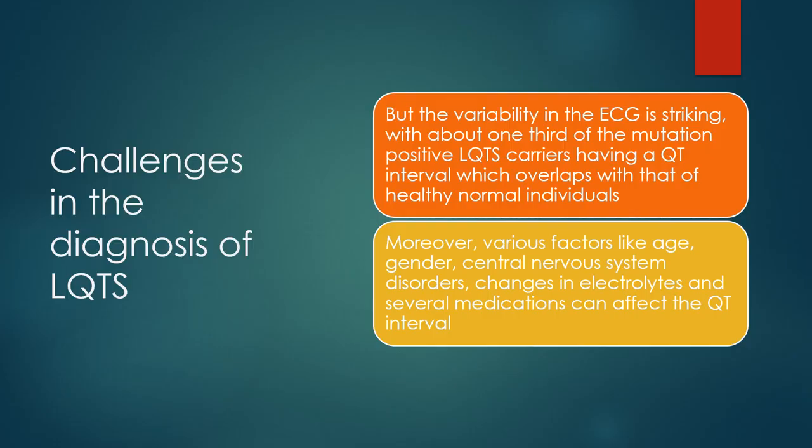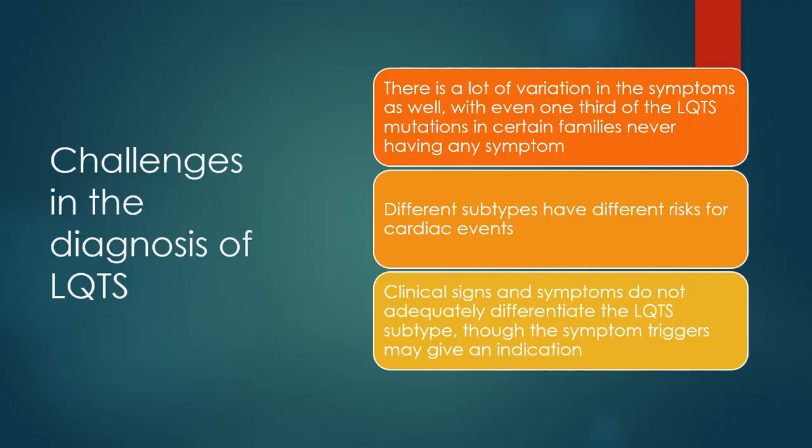Moreover, various factors like age, central nervous system disorders, changes in electrolytes, and several medications can affect the QT interval. There is a lot of variation in the symptoms as well, with even 1/3 of the LQTS mutations in certain families never having any symptom.